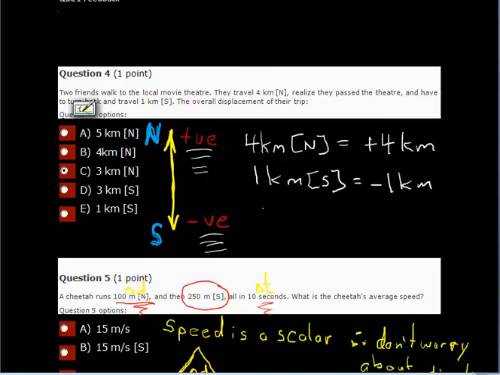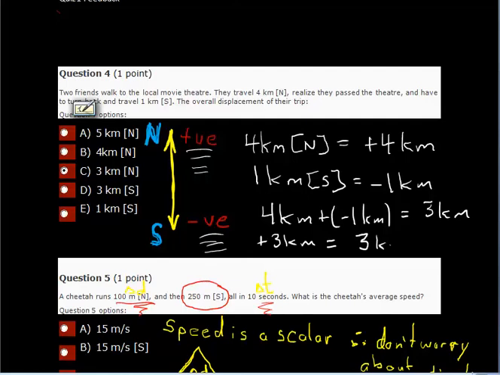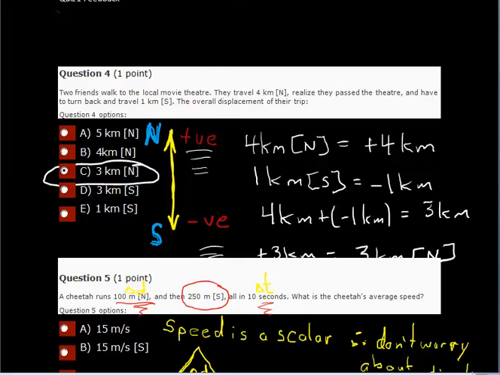You add them together. 4 kilometers plus negative 1 kilometer equals 3 kilometers. Well, positive 3 kilometers equals 3 kilometers north under this system. So your answer is going to be C, 3 kilometers north. Okay, next question.